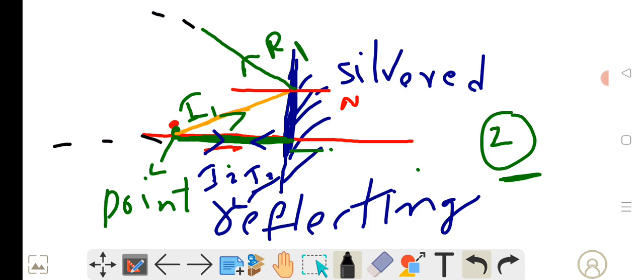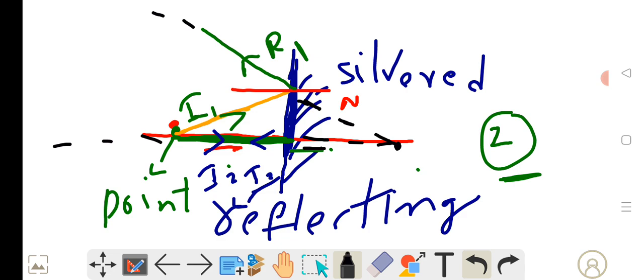So what you have to do here, you have to extend the reflected rays behind the mirror. Now R1 I have extended, it is meeting this line here. In the same way R2 also I will extend, it is meeting here. Okay, so this is the point of intersection of reflected rays.